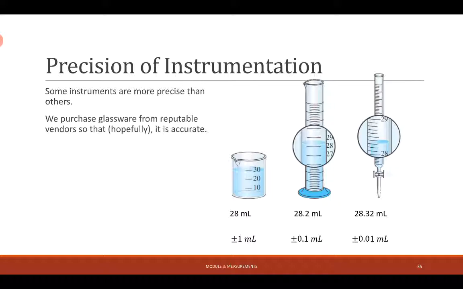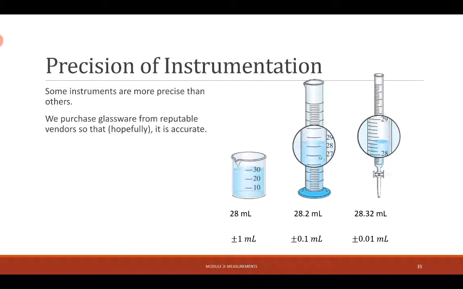Precision does vary by which equipment we are using. In the lab, we never use beakers to actually measure out volumes because they are so low in precision. These are just for approximate measurements.